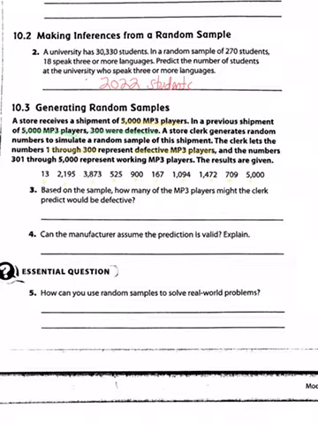So what I'm going to do is look for any numbers that are from 1 to 300, because those are the numbers that represent a defective MP3 player. So 13 is between 1 and 300, but 2,195 is not. This one, 525, is bigger than 300.